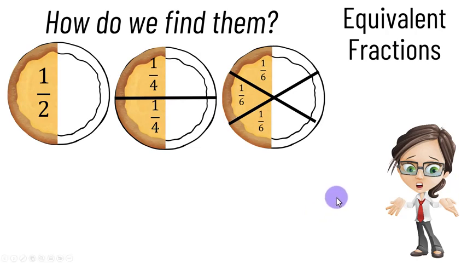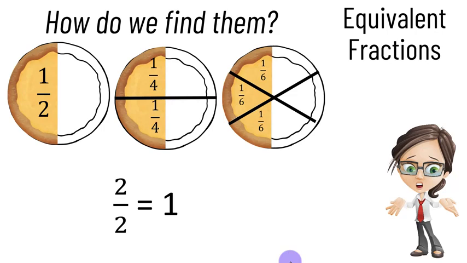So now I want you to think about something a little different. I want you to think about the value of 2 halves. If you had 2 halves of the pizza, 2 of each half, what's the value? How much? Yes, 1. 2 halves equals 1. We keep coming back to this idea of 1.